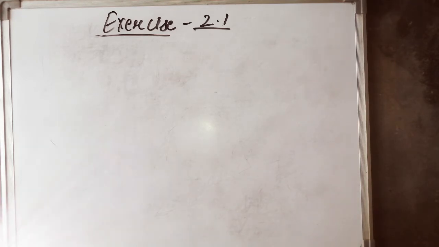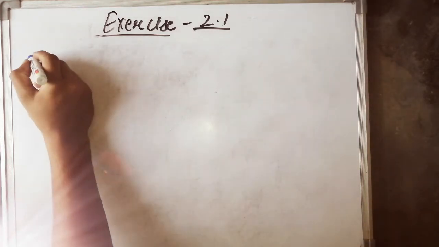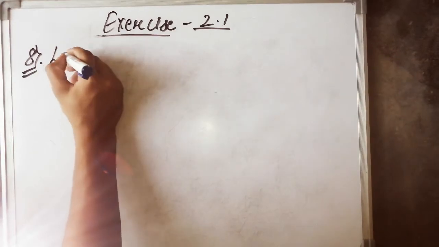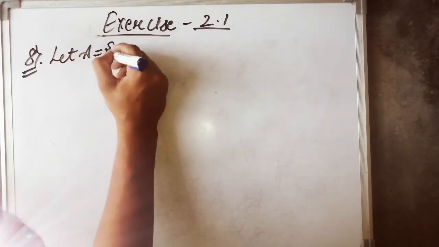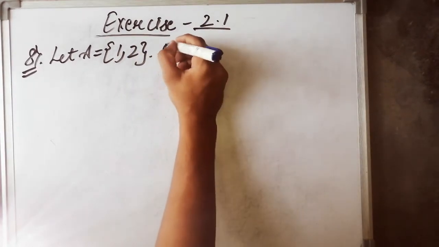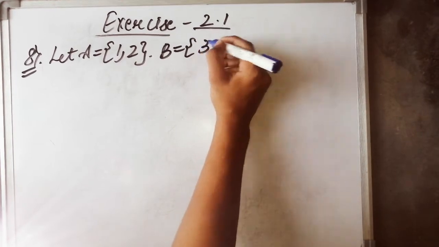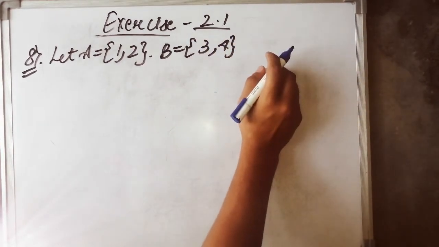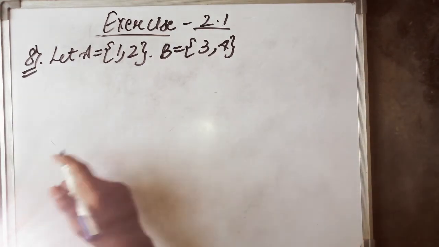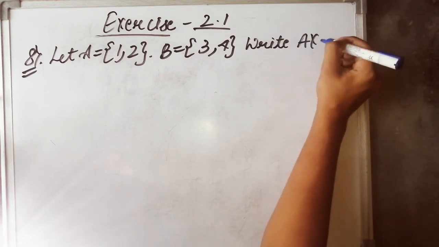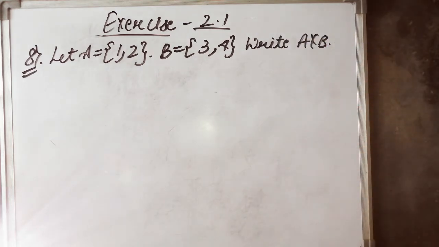And now let's talk about the 8th example, which is the 8th question of this exercise. Let A equal {1, 2} and B equal {3, 4}. A cross B, how many subsets will A cross B have?